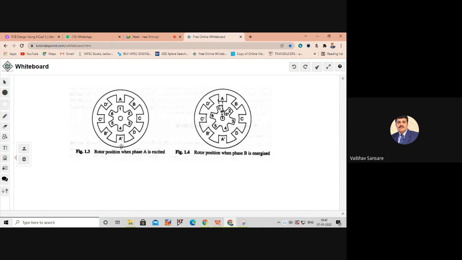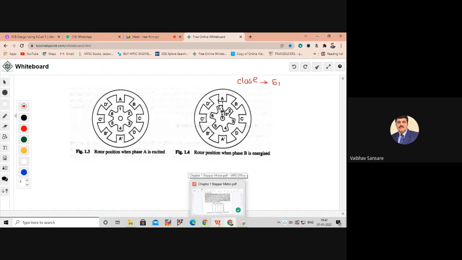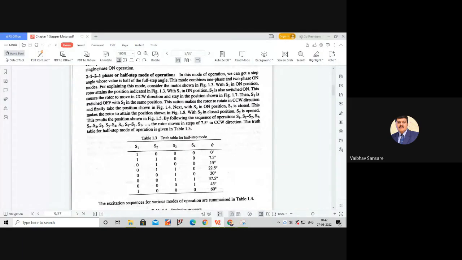Under this particular case, the switching sequence is only switch S1 is in on condition, that means in close condition. Okay, so this is the initial position of the motor under consideration for 2-1-2-1 mode of operation or half step mode of operation. So we consider the switch S1 is in on position or in close position.